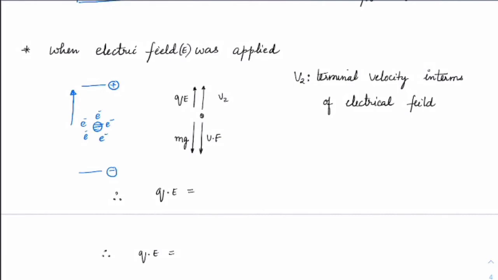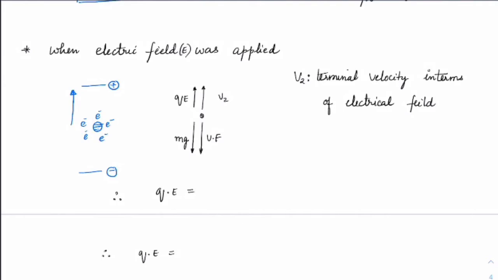So we will have this QE, the electrical force, acting upwards, mg will be down, and now this particle is trying to move up, so the viscous force will be down now.